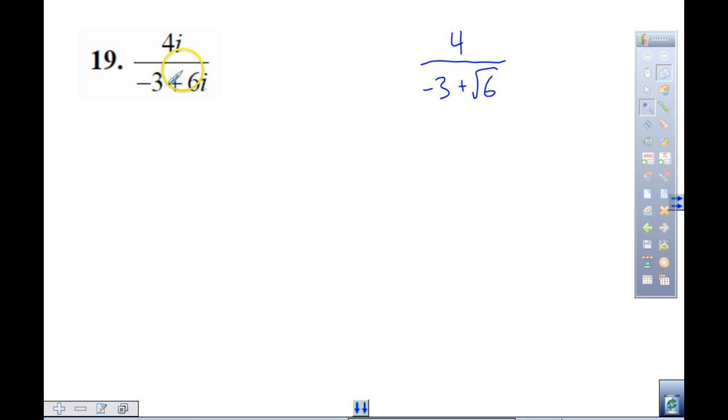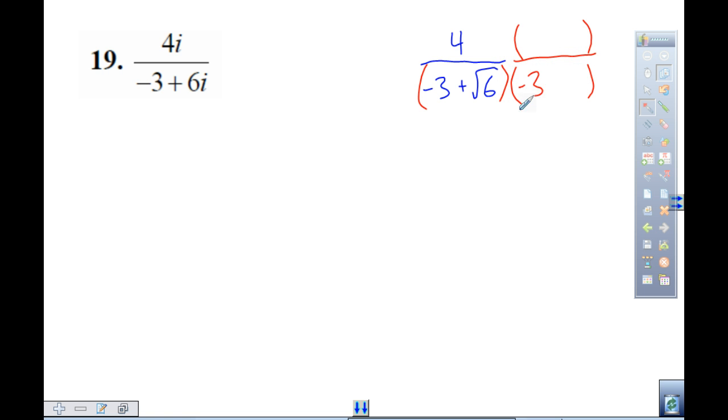So the rules for i, imaginary numbers, are the exact same rules for radicals, because an imaginary number is a radical. That's why they're the same rules. So whenever you have an i in the denominator, it's the same thing as having a radical denominator, which we don't want. So the way we dealt with that is that we multiply by something called the conjugate.